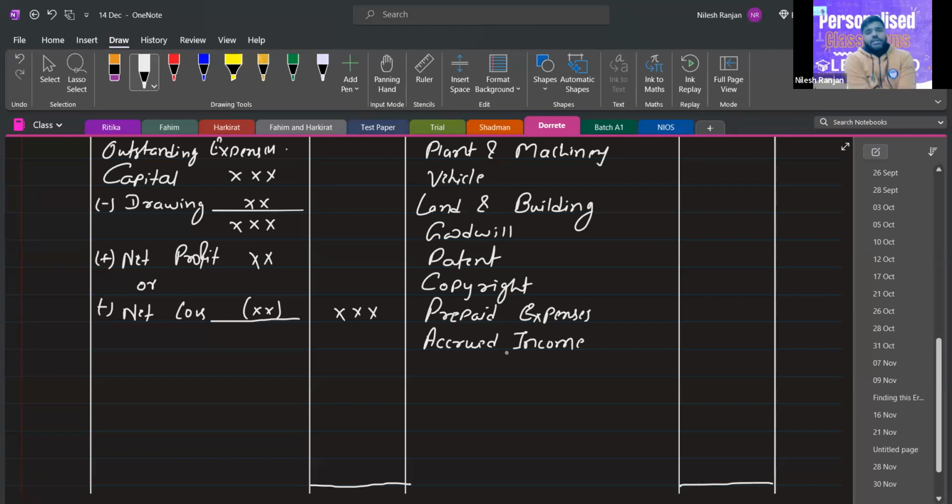So this is goodwill. There are some valuation techniques by which we value our goodwill. Patent means you have developed something which only you can use. Okay. If some other person tries to use it, then they have to pay some commission or amount to you in return. So that is called patent, meaning that item can be used only by you, like a vaccine or medicine for a particular disease.